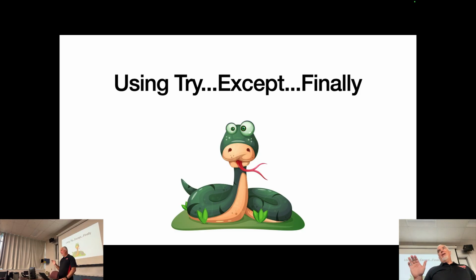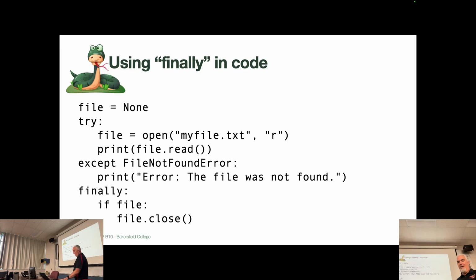Remember when I said that you could use finally for this purpose? Well, finally, pun intended, we are here. So this code uses try, except, and finally to make sure that if you get an error because the file doesn't exist, that it recovers gracefully.